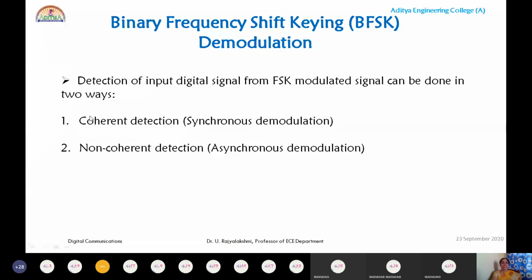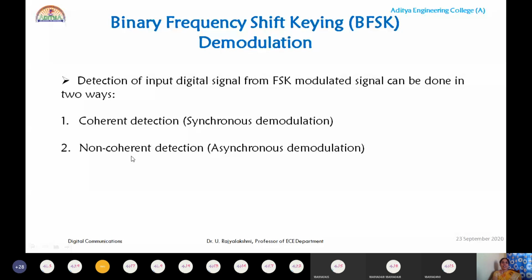But the generation of coherent carriers is somewhat difficult, because to generate a coherent carrier you should undergo frequency and phase synchronization as well as timing synchronization. So generation of coherent carrier is difficult, but it gives you a signal with less probability of error.